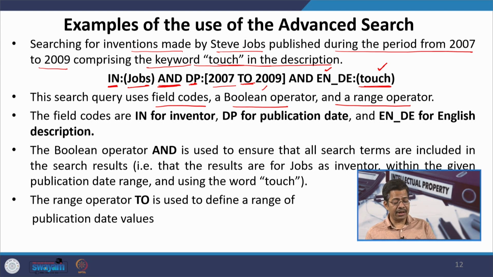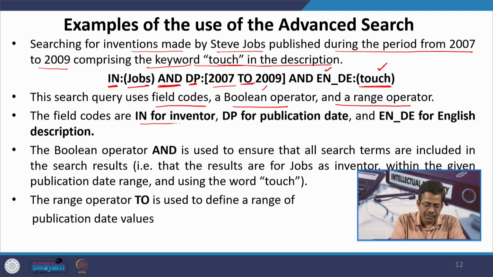Maybe you will add more keywords, it should have touch as well as mobile phones, touch and iPad, touch and MacBooks. So, different types of Boolean operators will help you in creating more complex search strings.